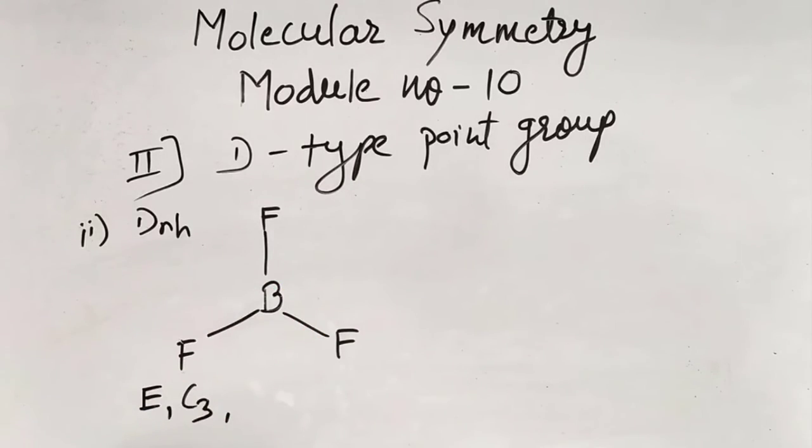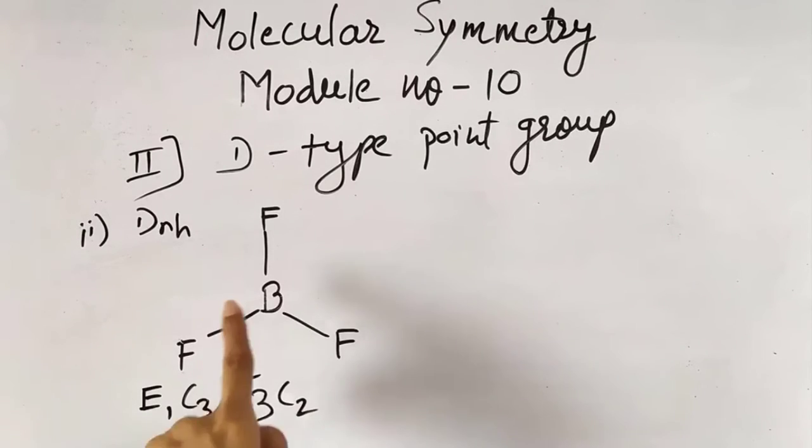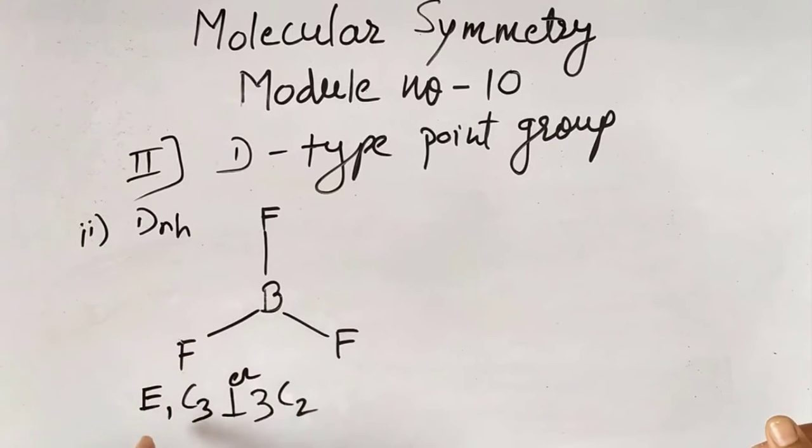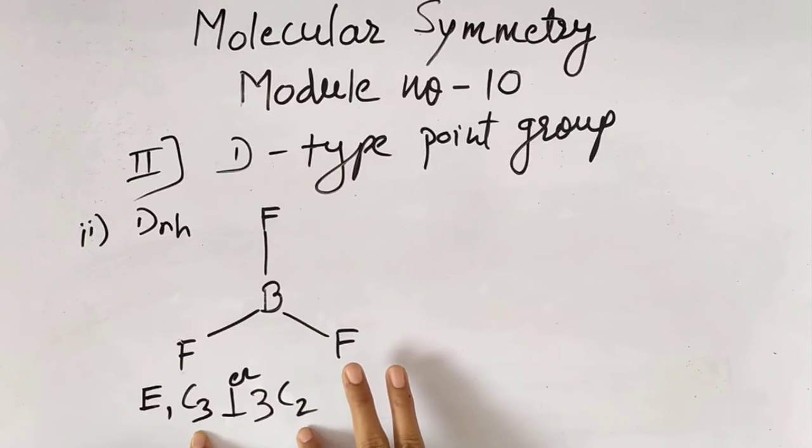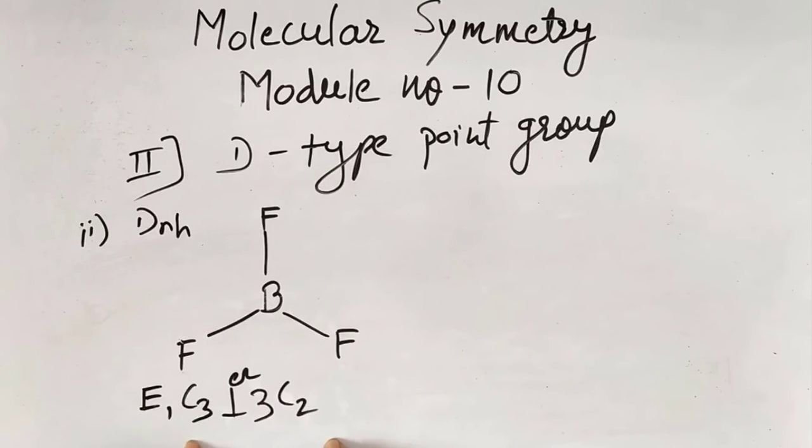So can we say that this BF3 molecule contains one C3 axis and there are 3 C2s which are perpendicular with respect to the C3? So the BF3 molecule contains identity, C3 as the principal axis, and 3 more C2s which are the subsidiary axes, and these subsidiary axes are perpendicular to the principal axis.